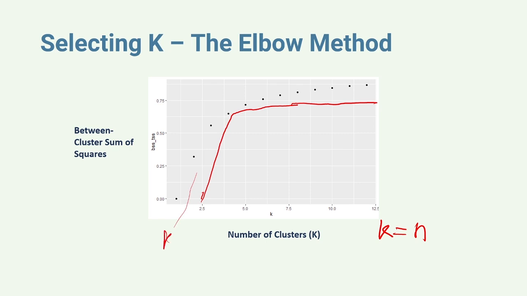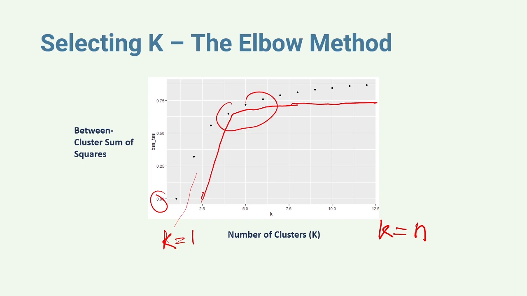If k was equal to 1, then you just have a single center, and so the between cluster sum of squares is equal to 0. So what you want to do is choose some point along this curve where there's an elbow, like a value between k equal to 4, or k equal to 5 or 6, would be very reasonable for this question.